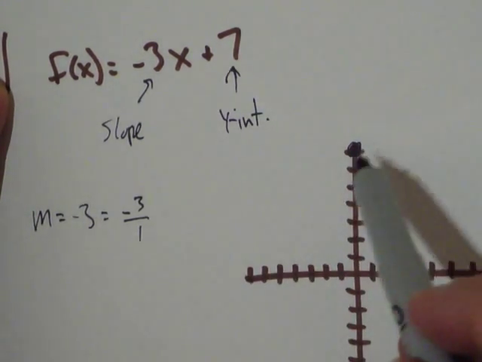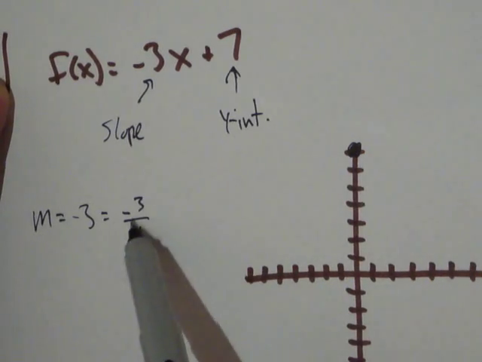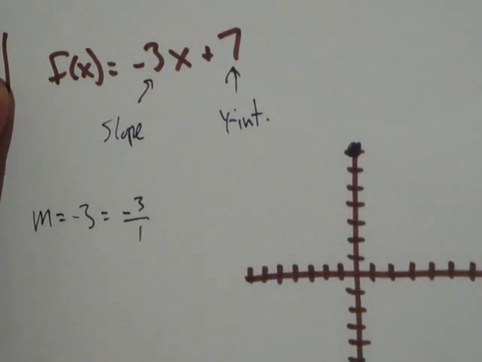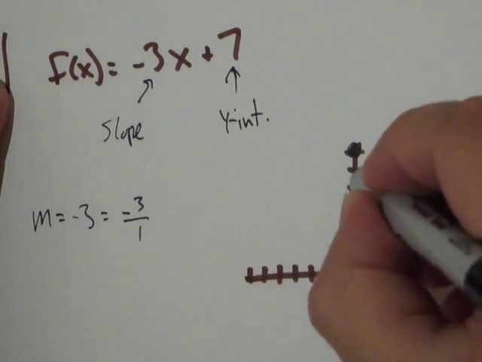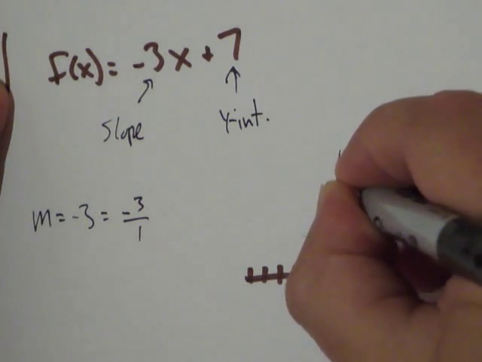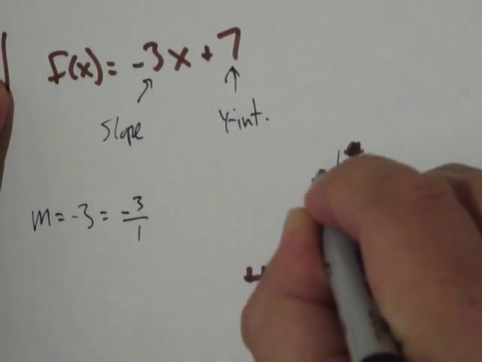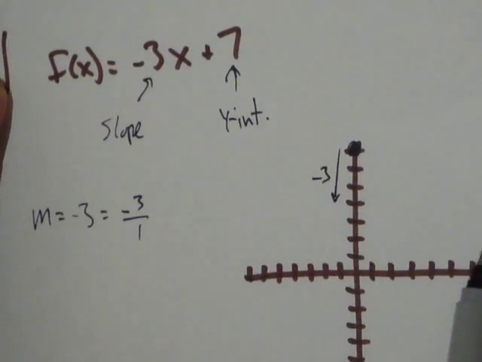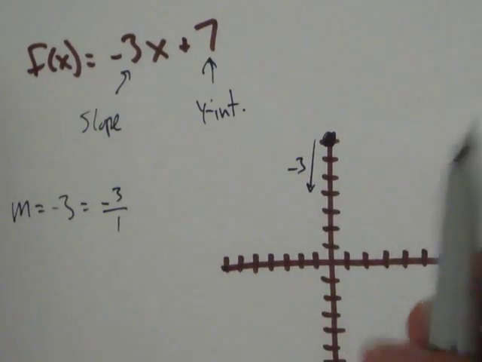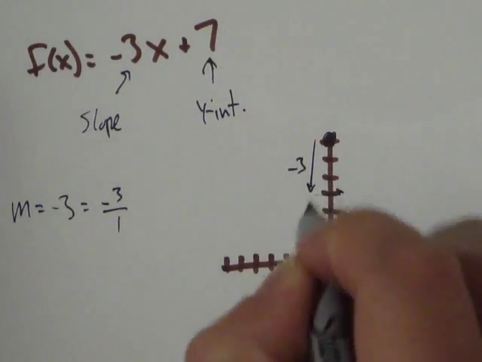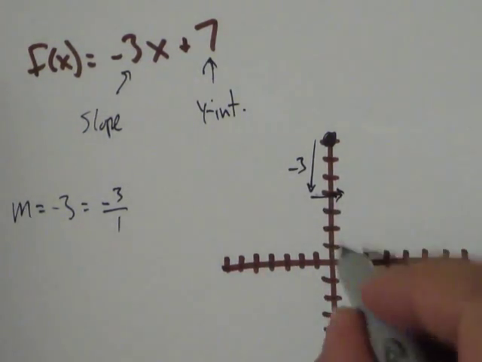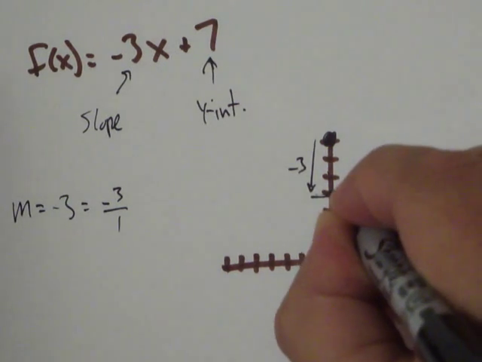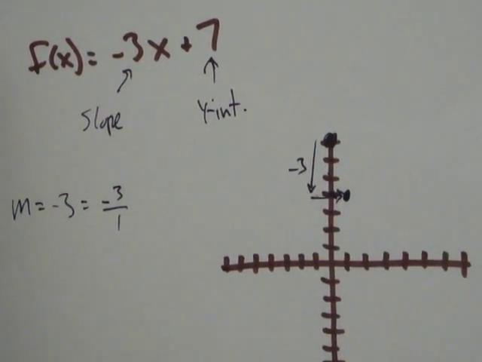Here's how that works. From this point, the vertical movement we make is minus 3, so we go down 3: 1, 2, 3. Then we always go to the right when we go over, so we go over 1. That's the next point on the graph.